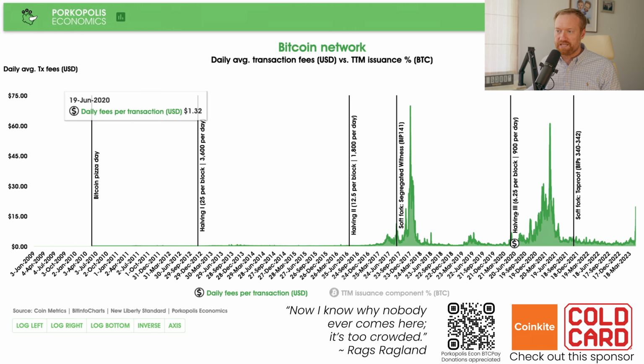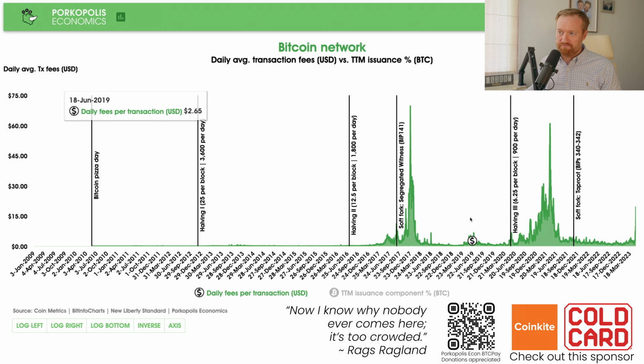We're just straight up looking at how many fees are paid in total to miners each day. Multiply that by the Bitcoin price that day, and then, of course, divide that by the daily number of transactions, and you will get the average transaction fee on the Bitcoin network in dollar terms on that specific day.